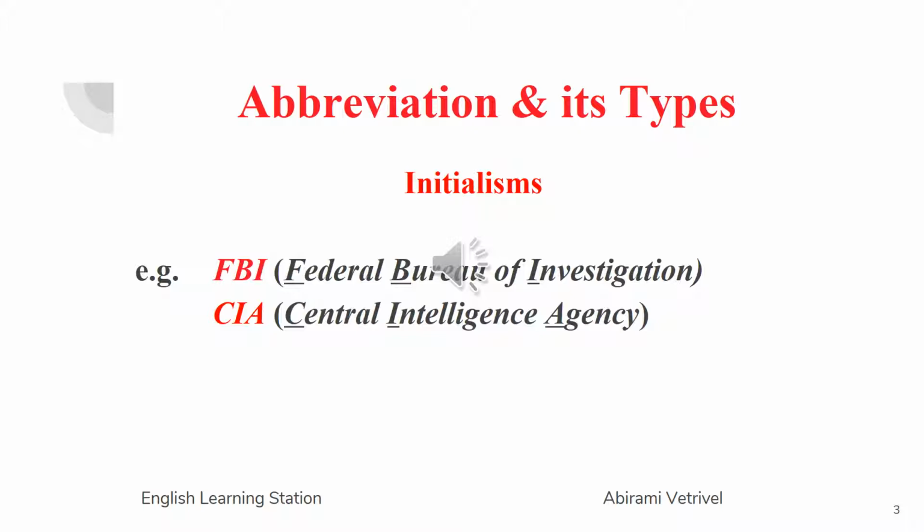But remember, in initialism, we do not pronounce them as a word, but we individually pronounce every letter of the abbreviated term. We only say FBI and CIA, and no new word is coined out of it. So this is what we mean by initialism.